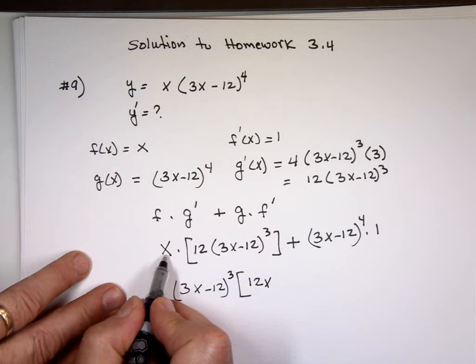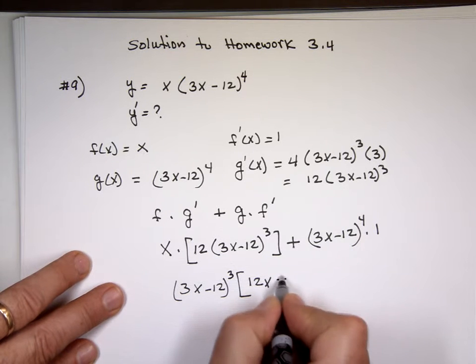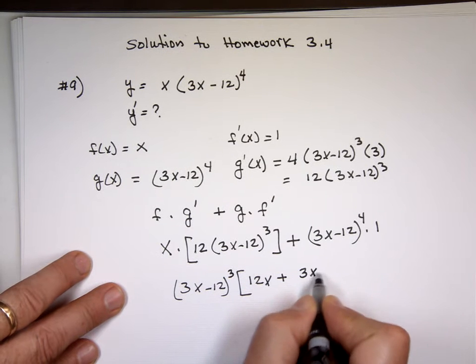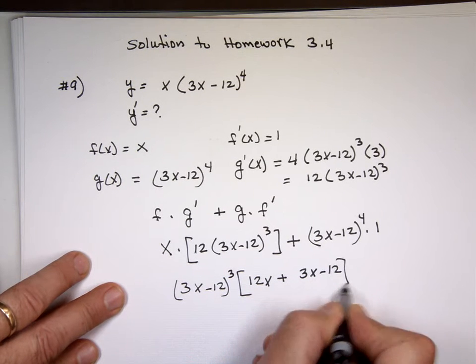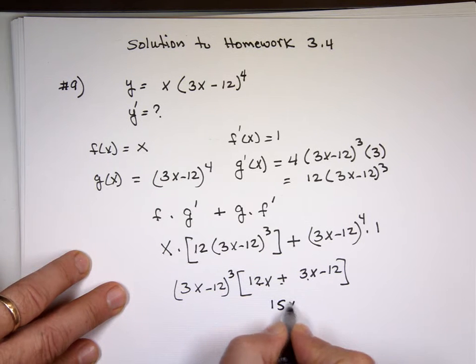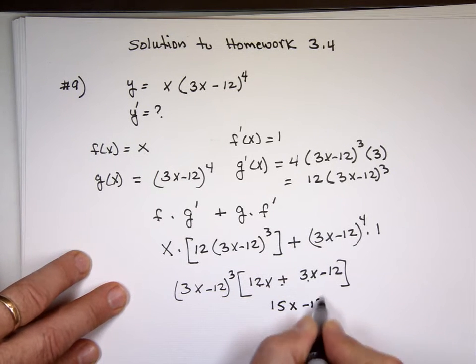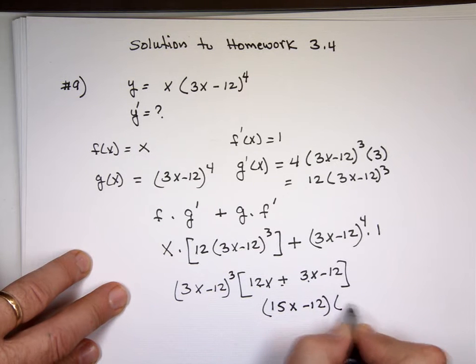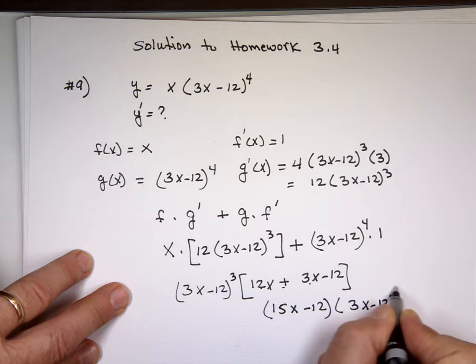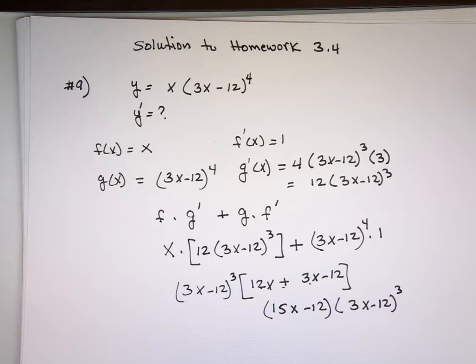That's it, this times this, that's what's left. What's left in that one? 3x minus 12, one of them, right? What's 12x plus 3x? 15x minus 12 times 3x minus 12 cubed. That's how I would have simplified it. Much faster.